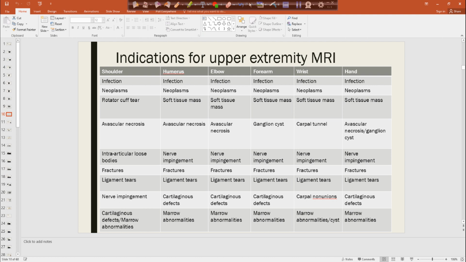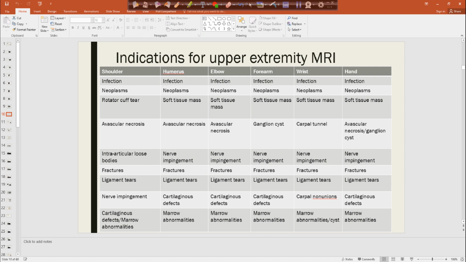Fractures don't need contrast. What's a good pulse sequence to visualize a fracture? What do you think? T1 or T2 to start? What shows pathology? T1 or T2? T2, because pathology is bright on T2. And then what are some pulse sequences that saturate fat?